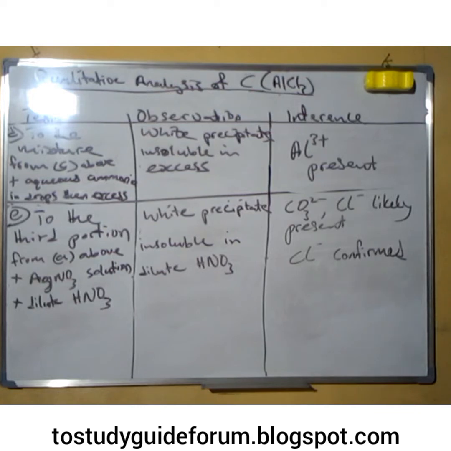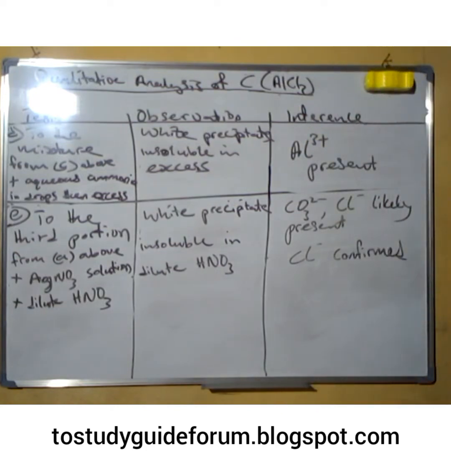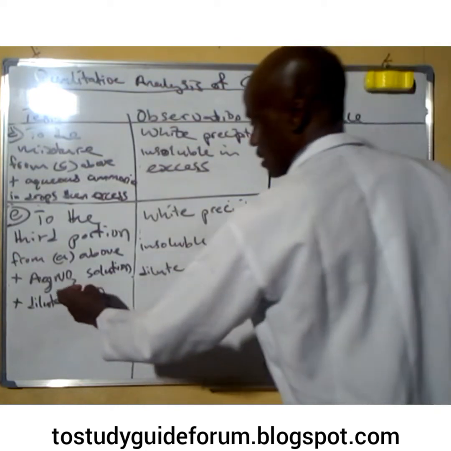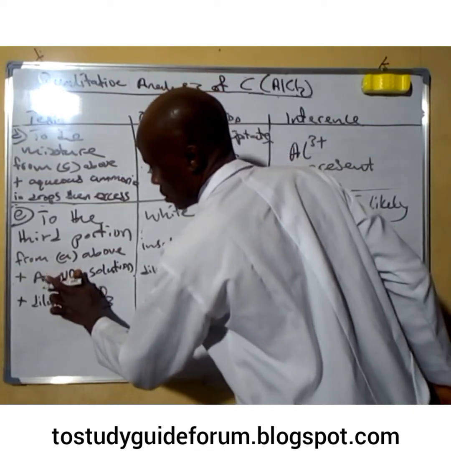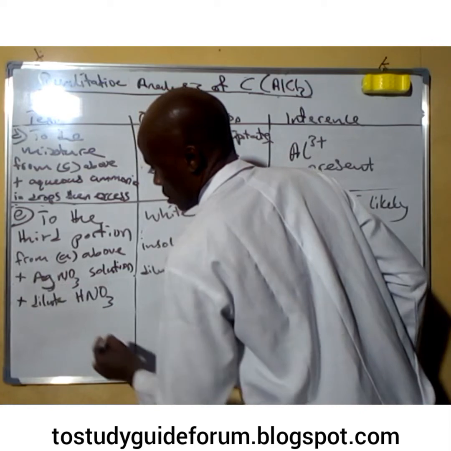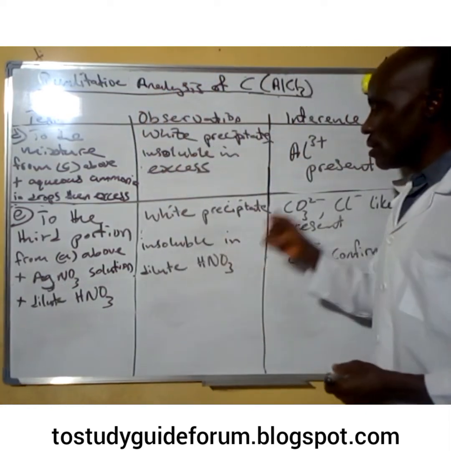So the next one now, to the third portion, from the one we got from test A, we notice that when you add silver nitrate solution to it, you have a white precipitate.